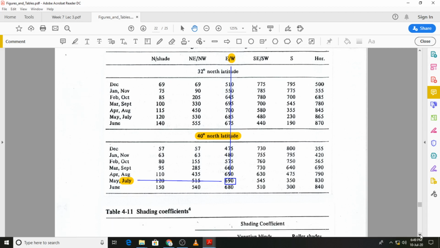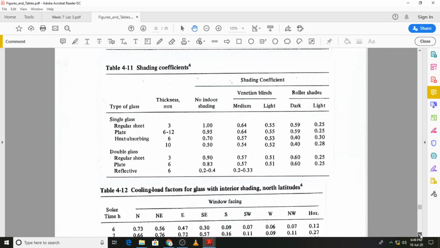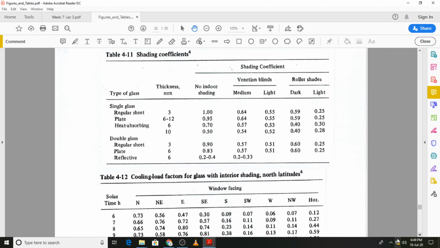Just scroll down. That is the next table, shading coefficient, and we are given various options regarding the shading coefficient. We know we have Venetian blinds inside. What type of Venetian blind? We have light Venetian blinds. Then what type of glass do we have?